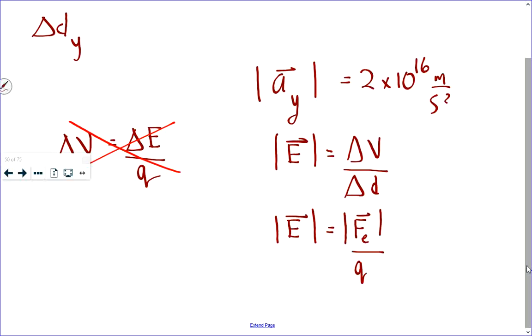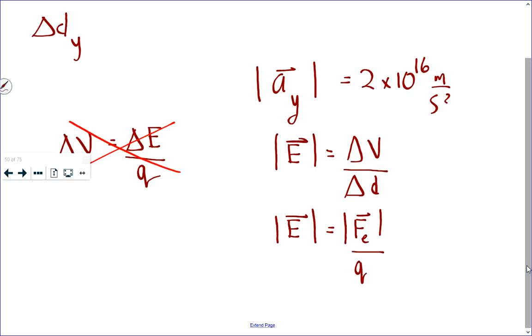So if we can find the electric field, we can calculate the voltage. Okay, that's great. But when you look at the formula I just wrote down, something in this is preventing us from finding the electric field. And it's that we don't know the force.